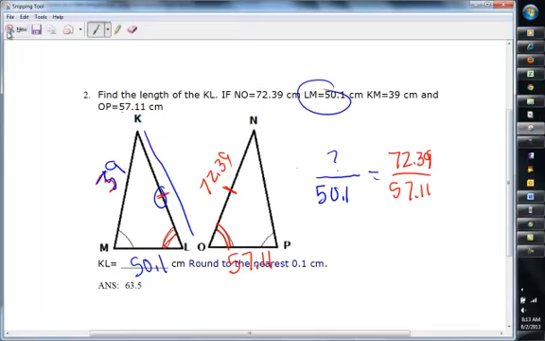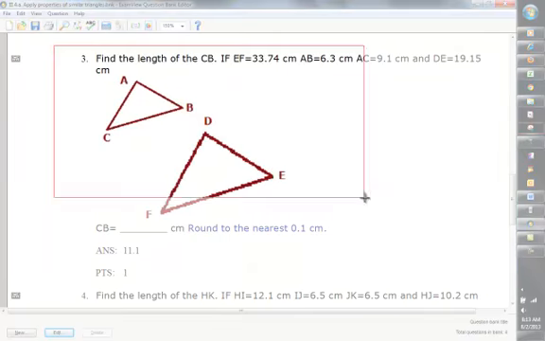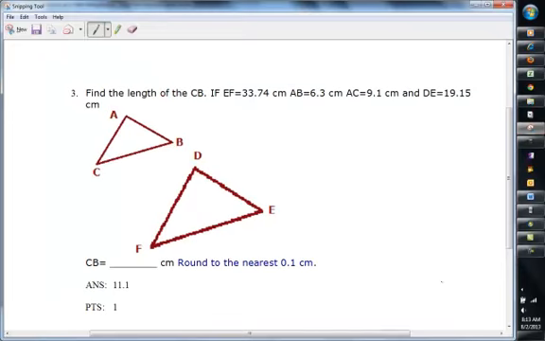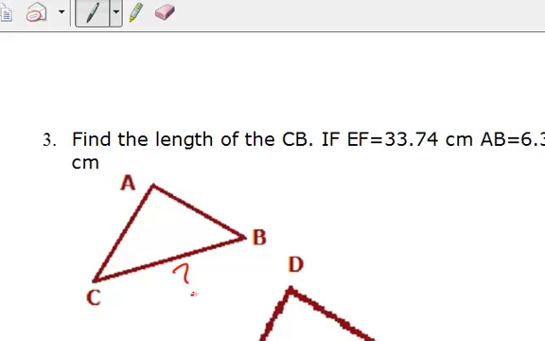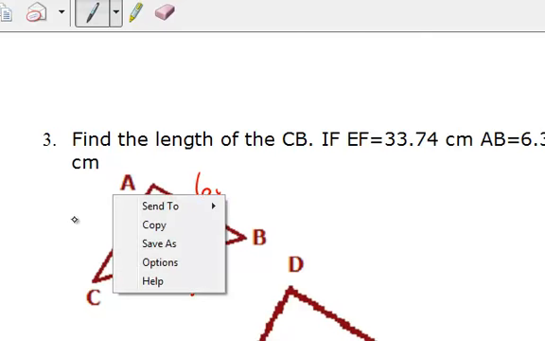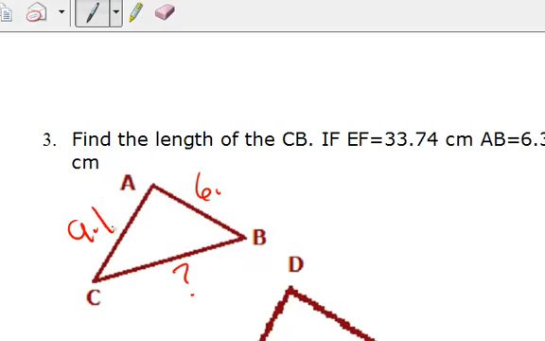I think the hardest part people have with these is figuring out which sides correspond. So we're supposed to find the length of C to B. The other parts we know in that triangle are 6.3 and 9.1.